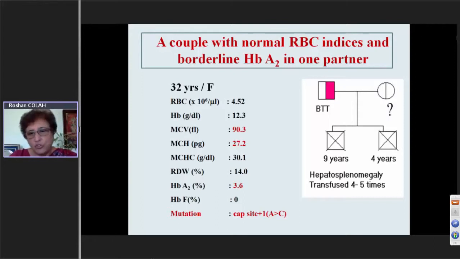Because she had lost 2 children at 9 years and 4 years of age, didn't have any reports, but she said they had hepatosplenomegaly and had been transfused a few times. We went on to do the A2 and F, and the A2 was very borderline, 3.6%. And we know when we get such a blood picture, the first mutation one looks for, the defect one looks for, is the cap site mutation, and this case had the cap site mutation.